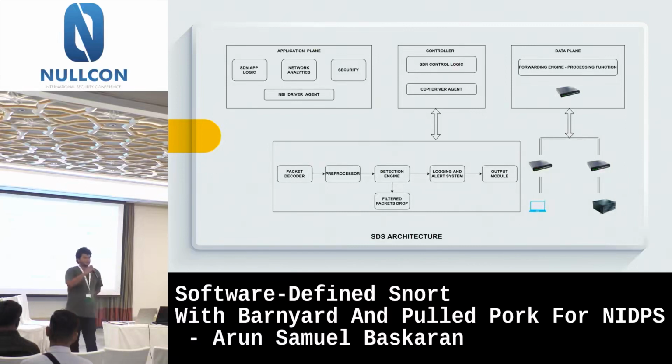Yeah, and what about pulled pork? Actually, we need pulled pork as well, but pulled pork cannot be included with Suricata, and we need Snort to get it involved. Else, there is another possibility: you have to have a dedicated team, as he mentioned, to get the repositories done without the help of pulled pork.